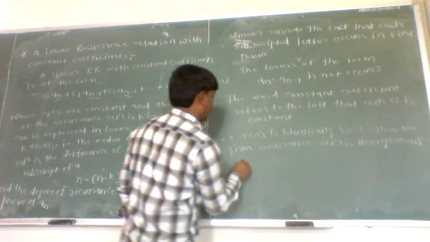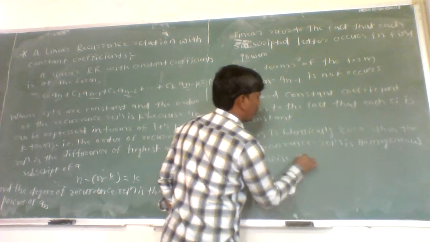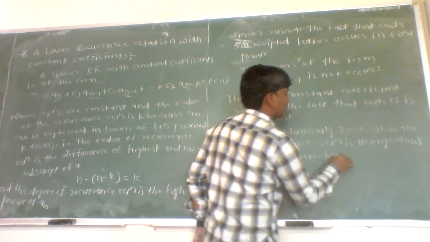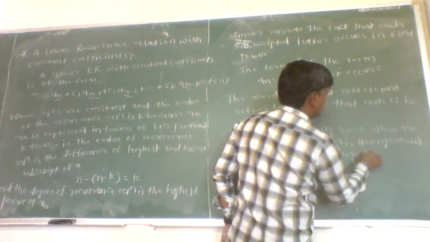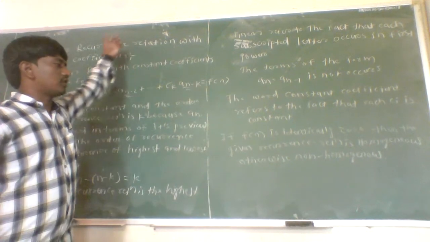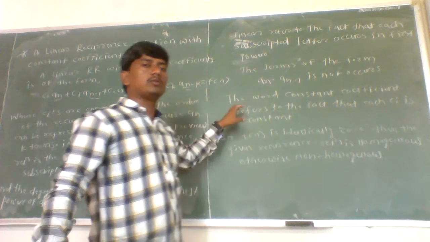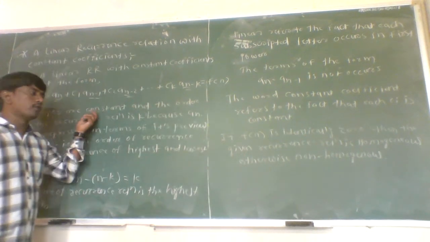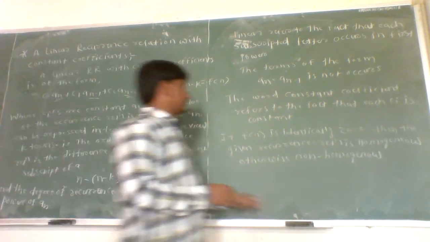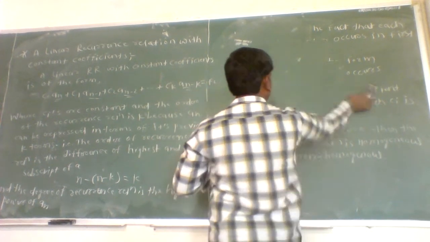Otherwise, it is called non-homogeneous. Okay, if f(n) is identically 0, then it is called a homogeneous recurrence relation with constant coefficient, which is linear. And if it is not equal to 0, then it is called a linear non-homogeneous recurrence relation with constant coefficient. Okay, let us see some examples of this type of recurrence relation.